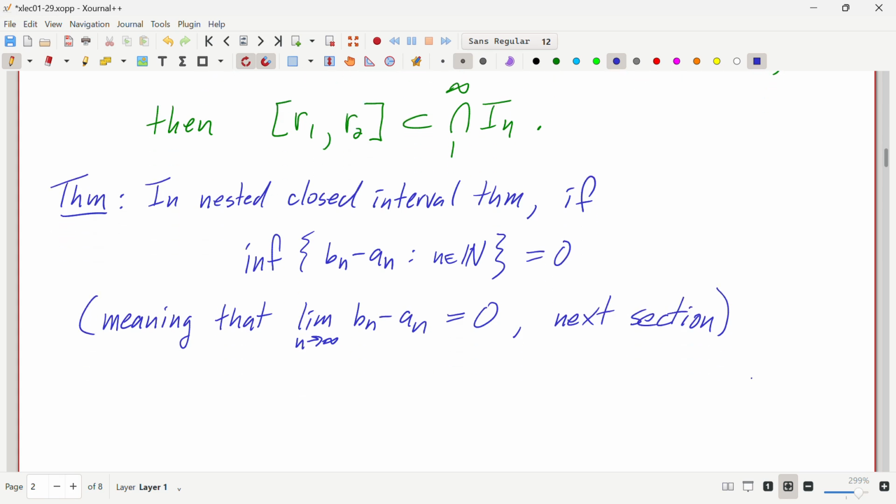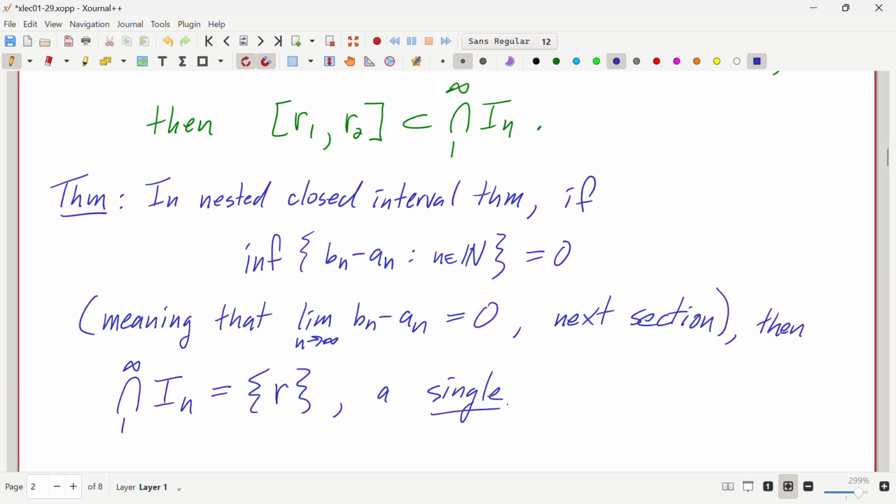Then the intersection is a single point, a singleton. Okay. And that's not hard to do. You just show that this inf is equal to the sup, and you only get one point in there. It's possible the sup could be less than the inf, and then you get an interval in there.